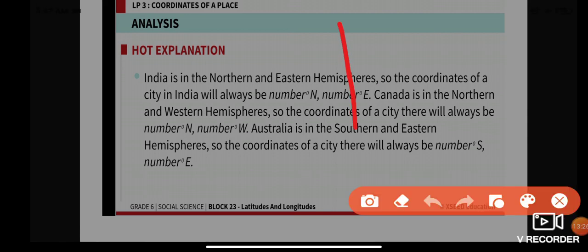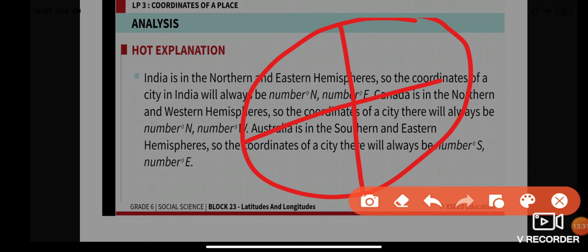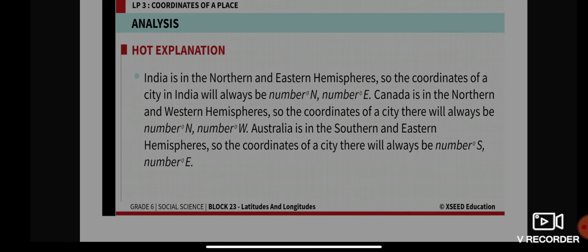If you compare on the globe, you will find that India is located in the northern and eastern hemisphere, somewhere around this area. So the coordinates of a city in India will always be a number of degrees north, and a number of degrees east.